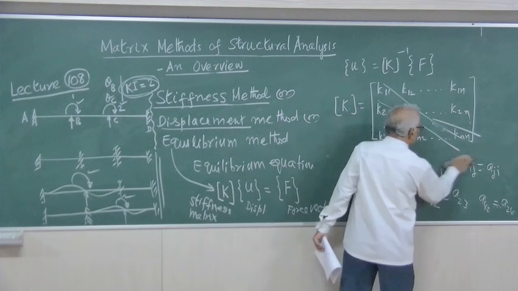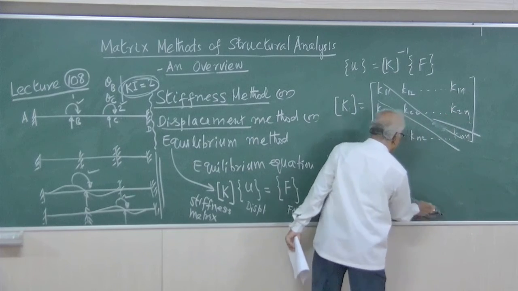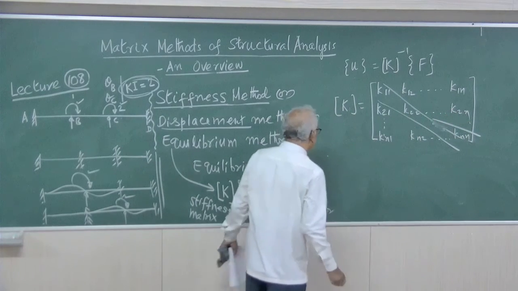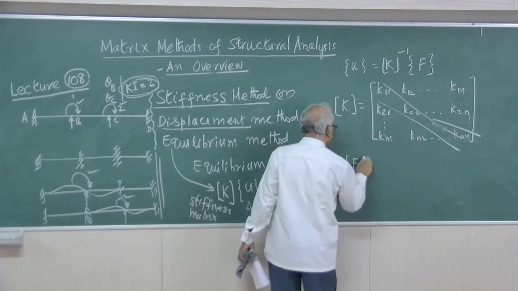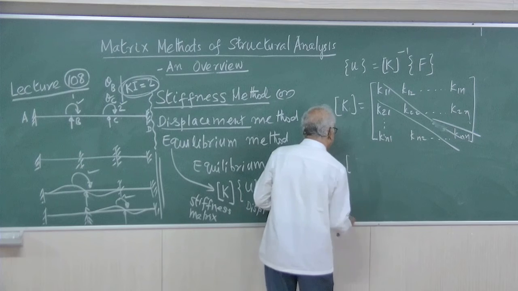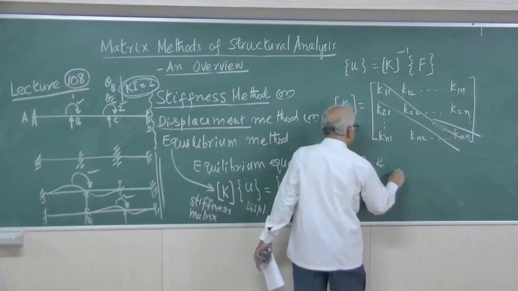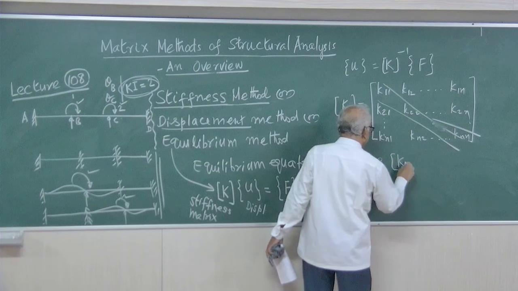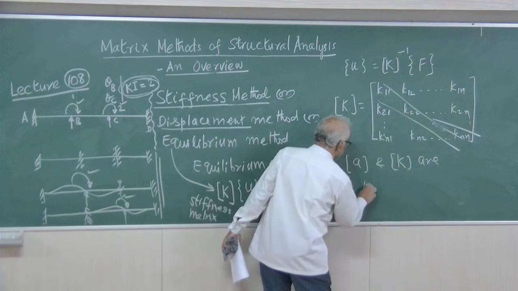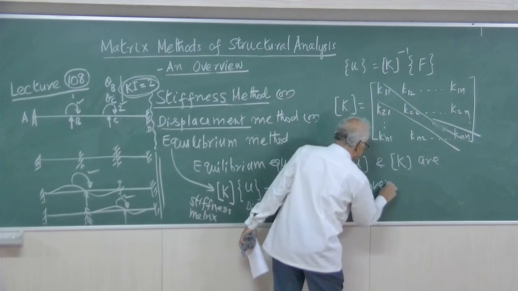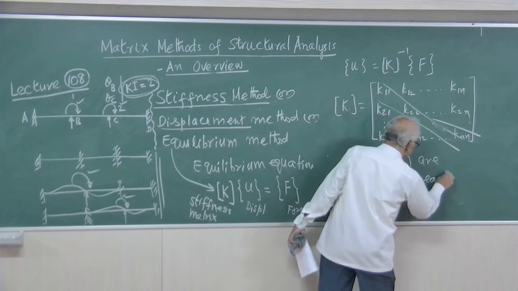Then the flexibility matrix A and the stiffness matrix K of a structure are inverse of each other.